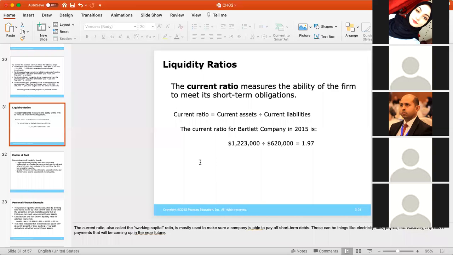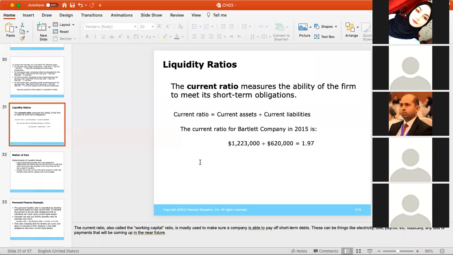Now, how can I use the liquid assets to settle or pay off my current liabilities? Now, we have an example.